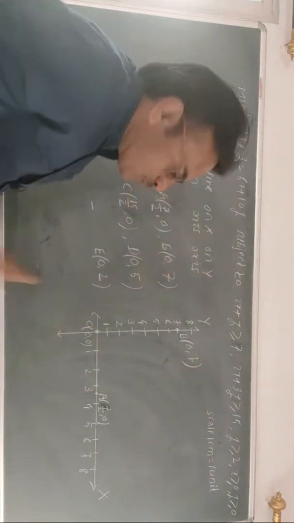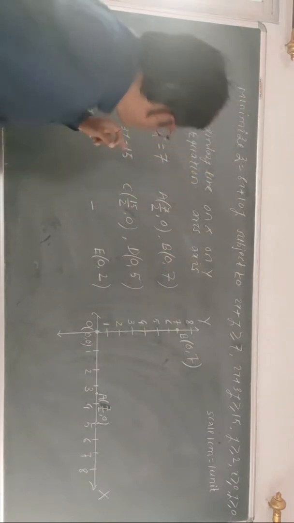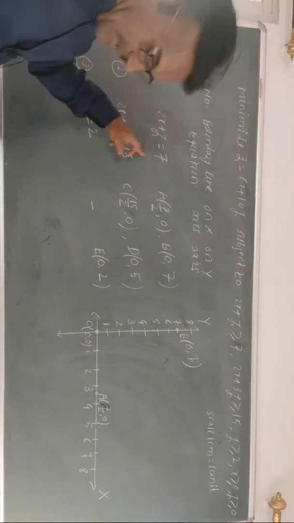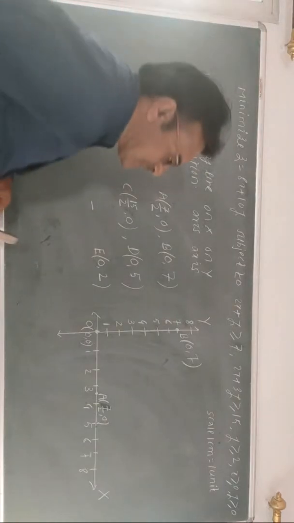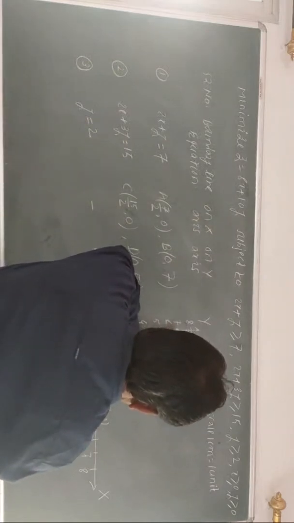Next, we join these 2 points and we get the boundary line AB, and the equation of this boundary line is 2x plus y equals 7. So we join this, we get the boundary line AB.